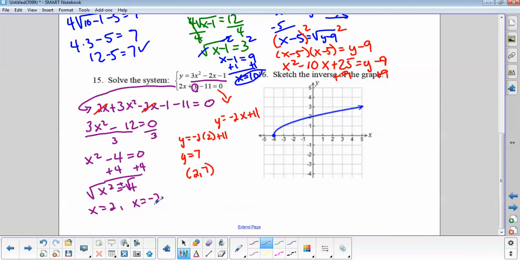And then I'm going to try substituting the negative 2 in. Y equals negative 2 times negative 2 plus 11. 4 plus 11 is 15, so I get y equals 15, and that point will be negative 2, comma 15. So I'm going to box those two answers up.